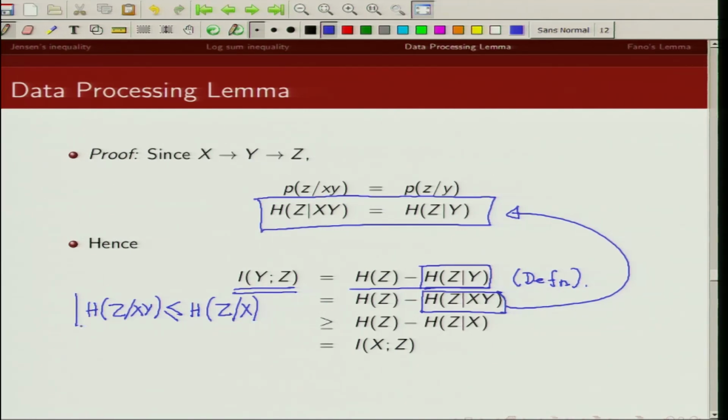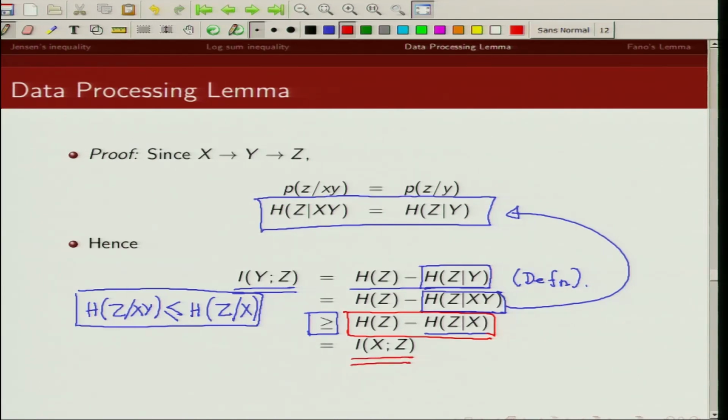So, if I use this relationship and replace uncertainty in z given x, y by a larger term h of z given x, what I get here is a greater than or equal to sign. And what is this term? Uncertainty in z minus uncertainty in z given x, that is, from the definition, the mutual information between x and z.